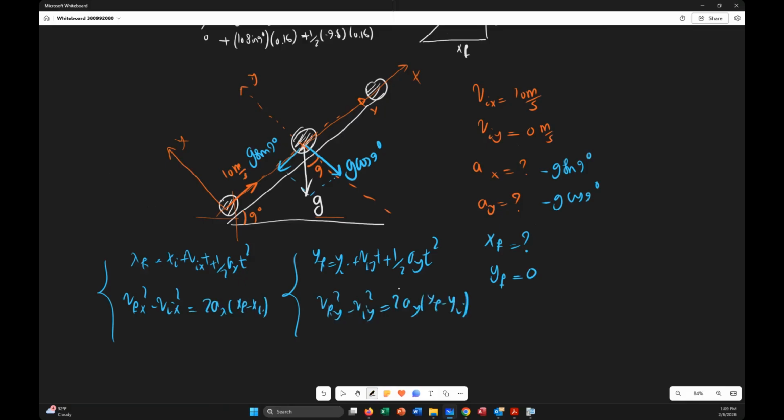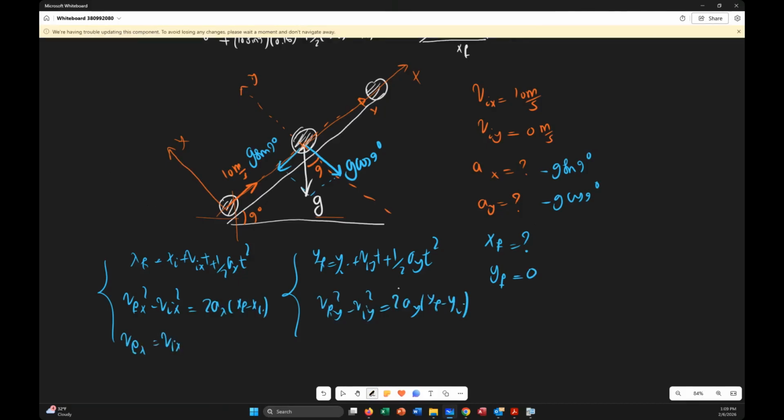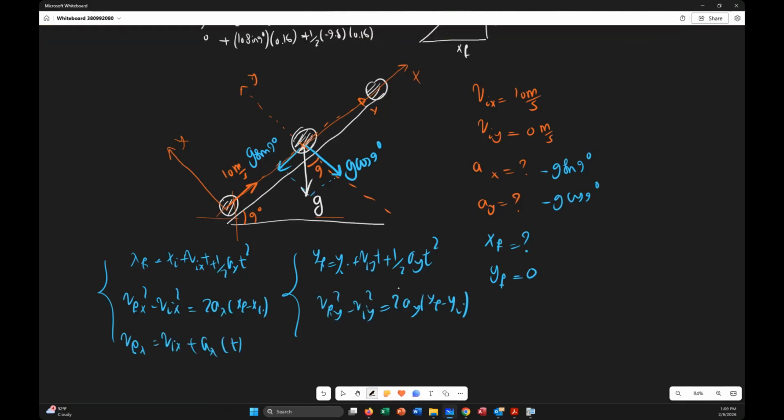And what is the last one? vfx equals vix plus ax t, vfy equals viy plus ay t.